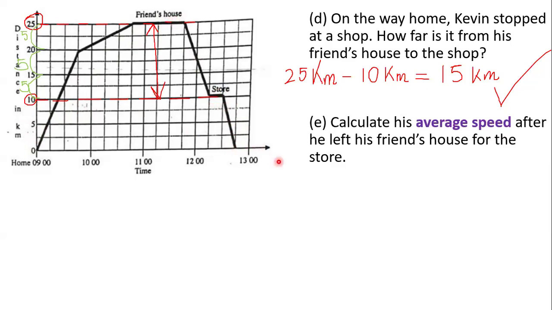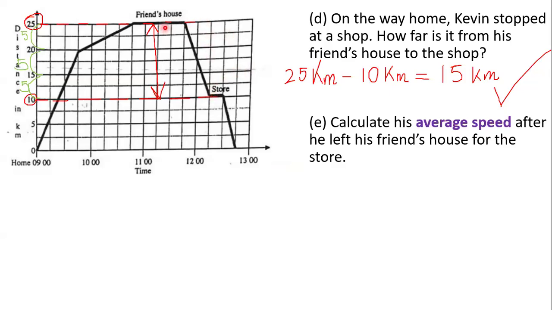All right. Okay, I don't know if that makes sense, actually. Let me know. I still don't get it. It's the last part of the question that puzzled me. It says, how far is it from his friend's house to the store?